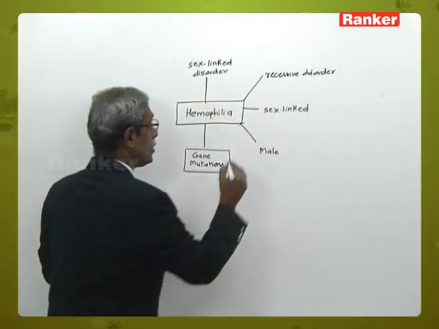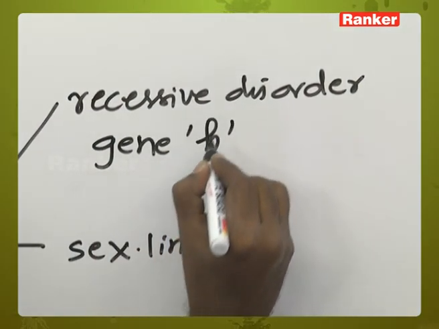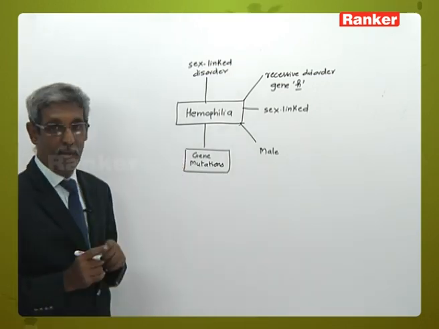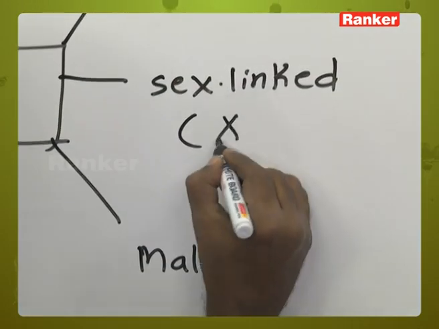A recessive disorder is due to the presence of a gene small h. The gene small h is responsible for hemophilia, and it is sex-linked because it is carried on the X chromosome.